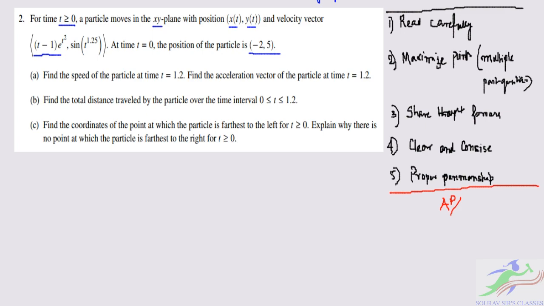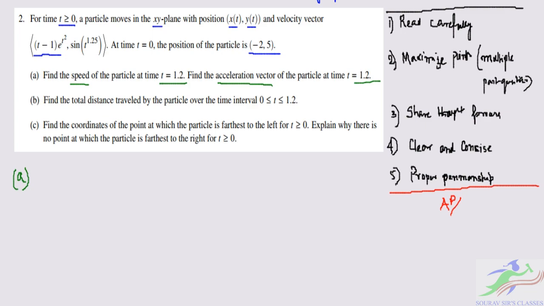Let's start with part A. The question asks us to find the speed and the acceleration vector of the particle at time t equal to 1.2.